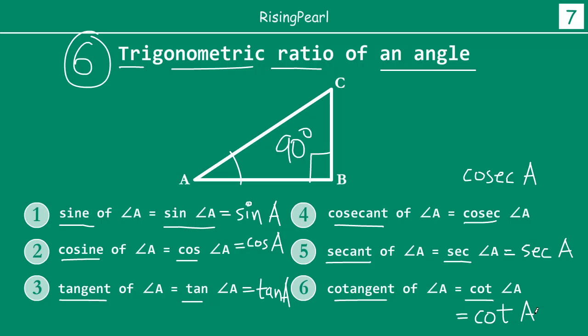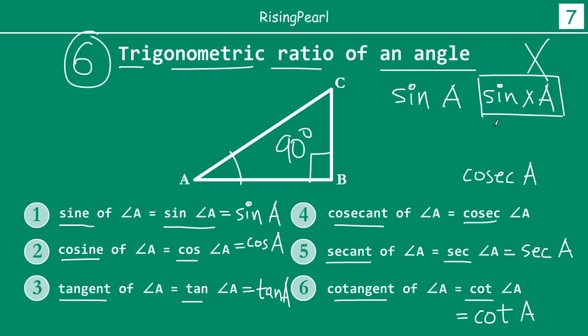While we are talking about how we write it, it is important, friends, to understand that when we say sine A, it does not mean that this is sine multiplied by A. This interpretation is absolutely wrong, because sine space A does not mean you take the word sine separately and multiply that by A, right?